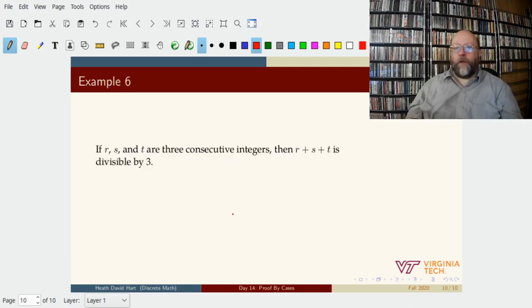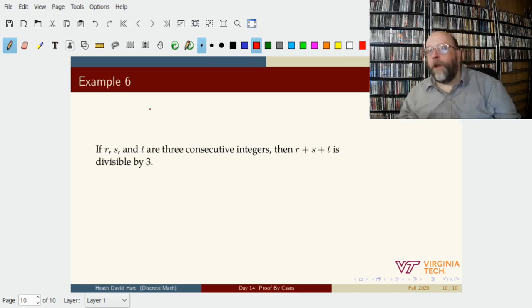So here's another example where we can use without loss of generality. If r, s, and t are three consecutive integers, then r plus s plus t is divisible by 3. Now we're told that they're consecutive, but we don't know what order they're in.